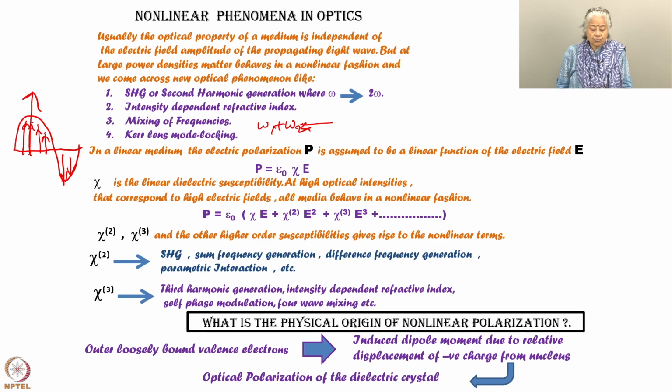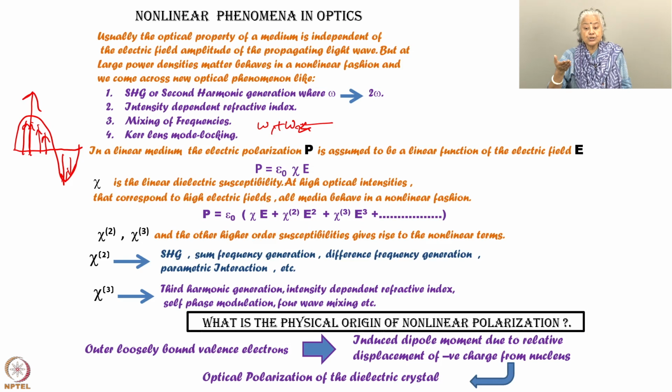Why do we need to bother about this nonlinear polarization? Just to get a feel of what it is, we must know its physical origin. This happens because outer loosely bound valence electrons in a crystal or in a liquid or any material get an induced dipole moment, and P, the capital P polarization, is the dipole moment per unit volume.